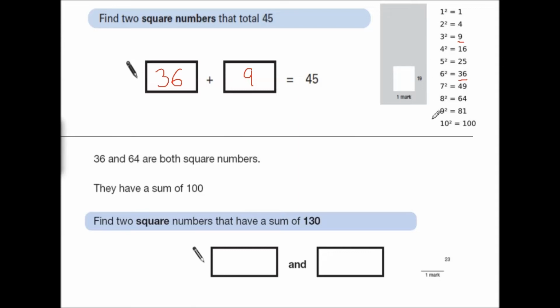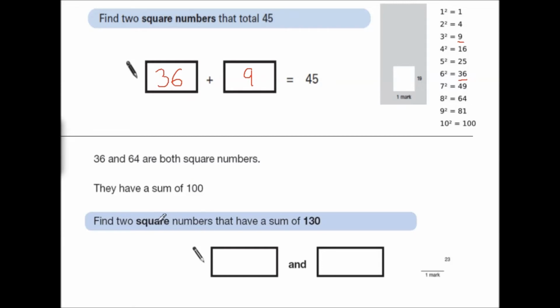Now this actually helps for our second question as well, because we have got the fact that 36 and 64 are both square numbers. We can see that here, 64 is 8 squared, and 36 is 6 squared. They have a sum of 100, so sum just means added together. 64 and 36, if you add those you get 100.